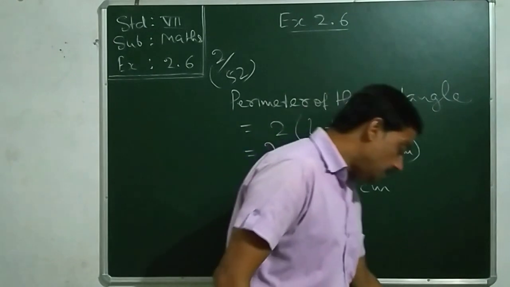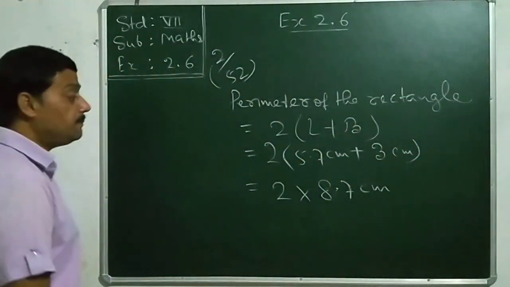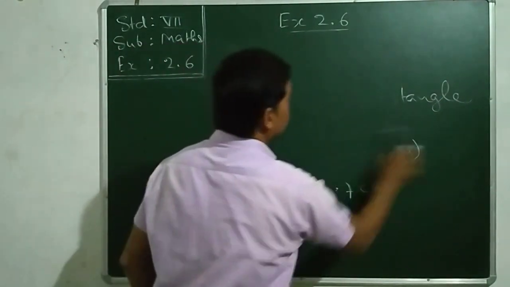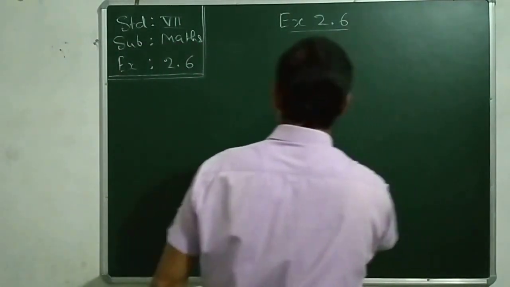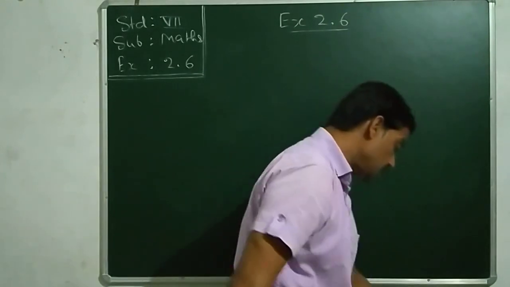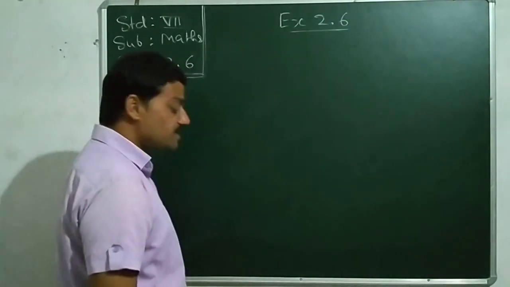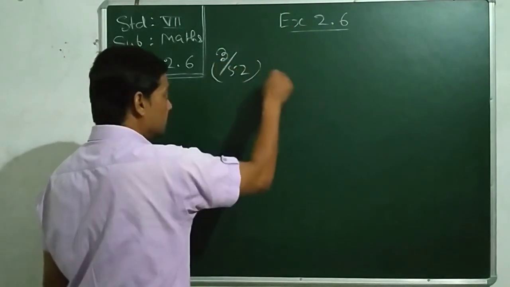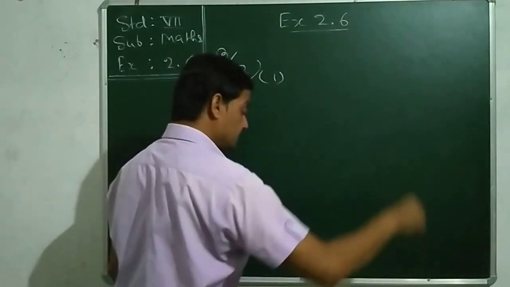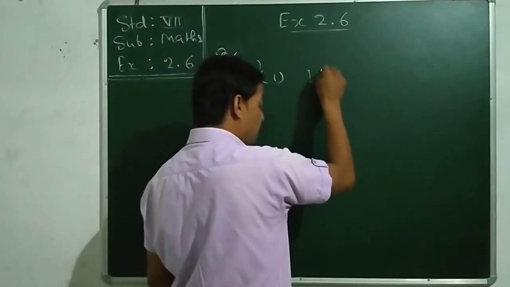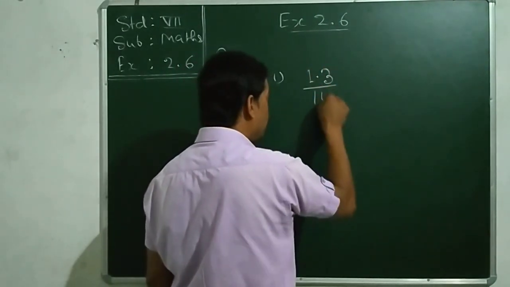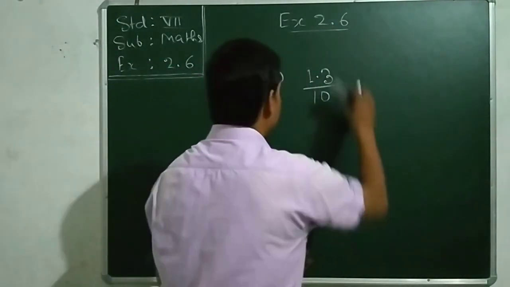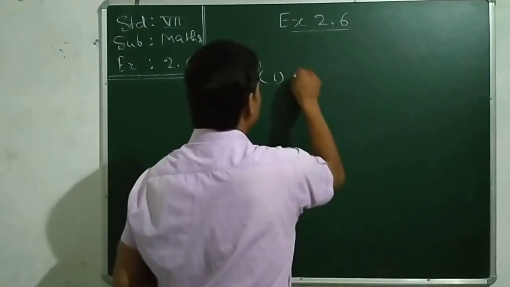Come to the third number. In the number 3 sum, simple multiplications are given there. One example I am giving you, the first one, 1.3 into 10.